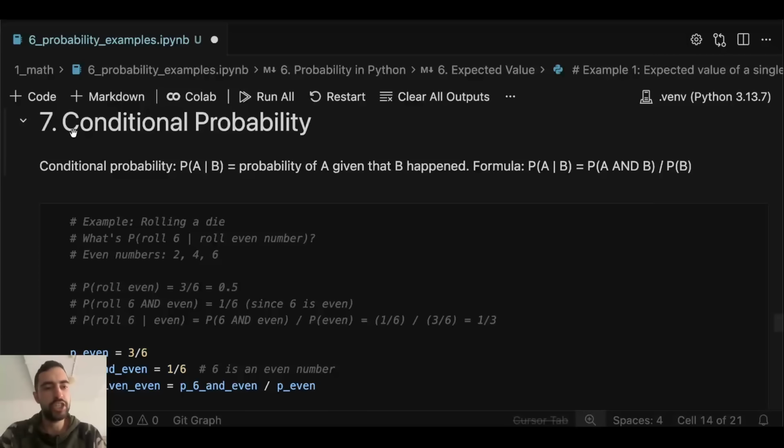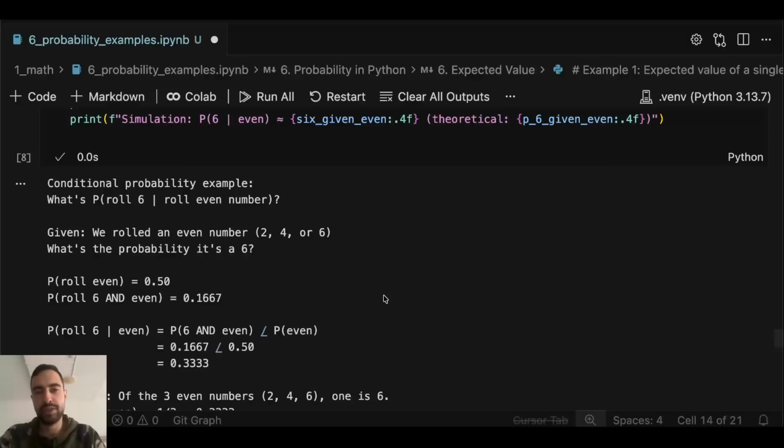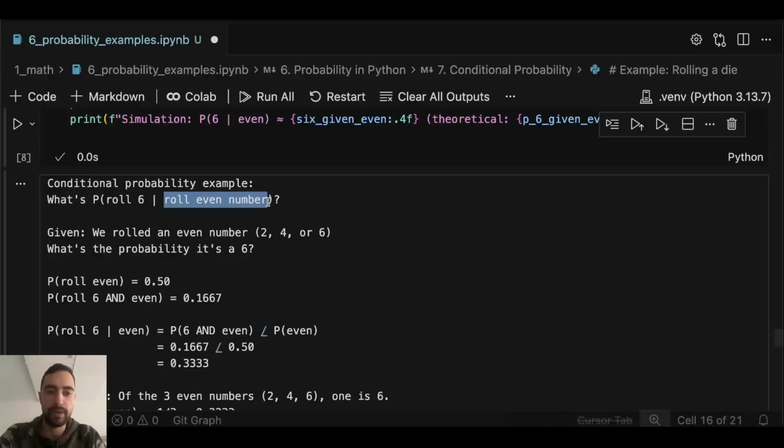Then we have conditional probability: the probability of A happening given that B happened. You can calculate this by this formula: probability of A and B divided by probability of B. It's easier to understand this in an example. Given that we roll an even number, what's the probability that that number is 6?